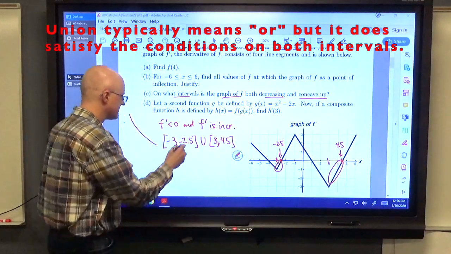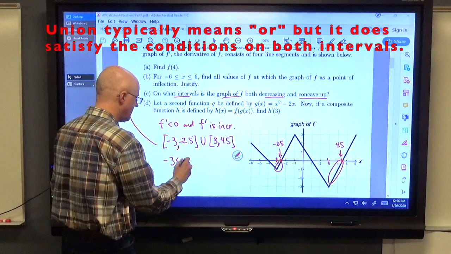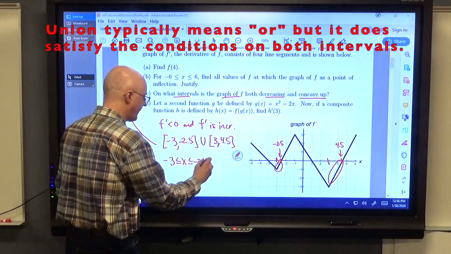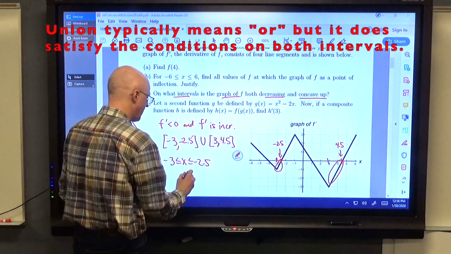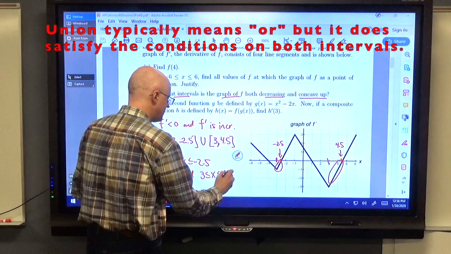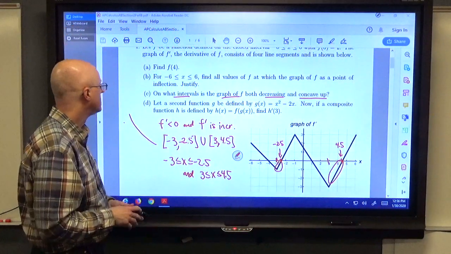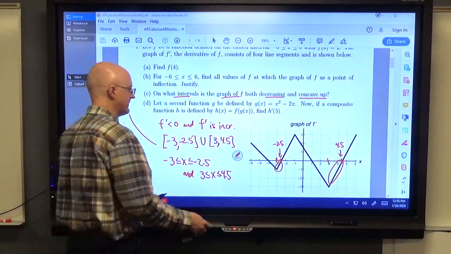I'm doing closed intervals, but open intervals should be all right as well. You could also use inequalities like this. Technically speaking, it should be true actually on the whole interval here. So that's the answer to part C.